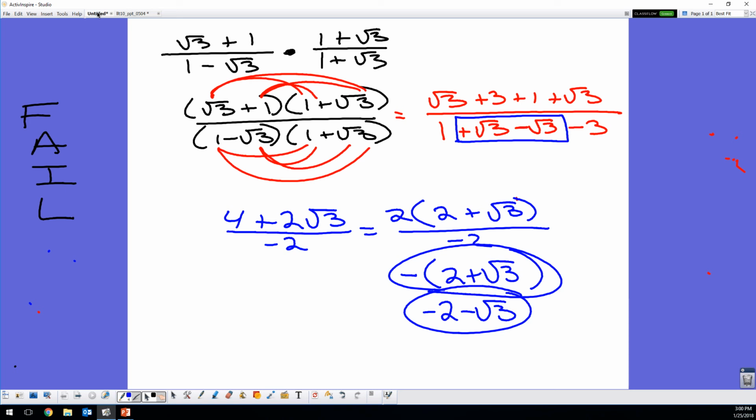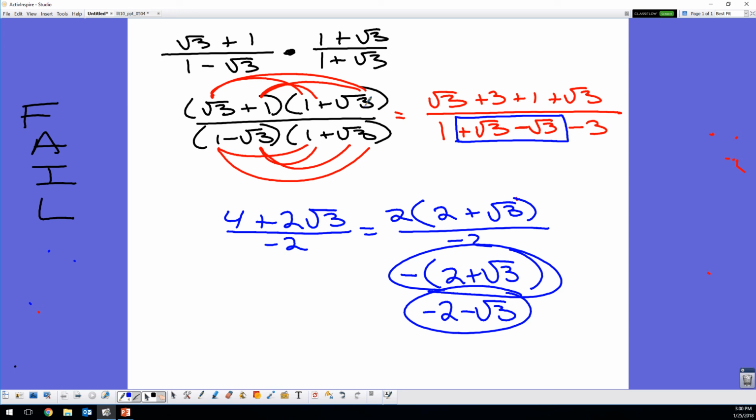I multiply all the way across, from my rad 3 to the rad 3, which just gave me my 3, because 3 times 3 is 9, and rad 9 is just 3. Now my inner 2, my inside 2 together: 1 and 1 gave me just the 1 when I multiply those. And then my last 2 is just going to give me my rad 3 here.